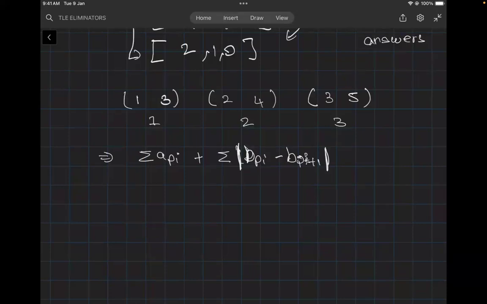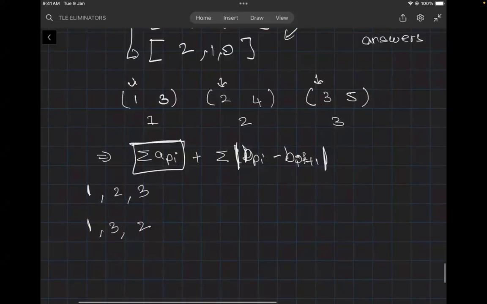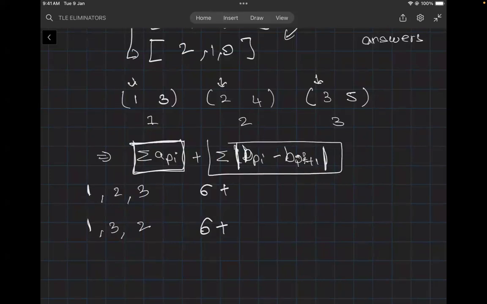Now, if I choose my order of indexes as first 1, 2, 3, then 1, 3, 2, let's take these two only, right? So summation of A of Pi, basically these values, is going to stay constant. Like no matter what order I take, this part of the equation is constant. Okay, this is just going to be 1 plus 2 plus 3 anyhow, which is 6. So this is going to be 6, and this is also going to be 6. Let's calculate the other part.